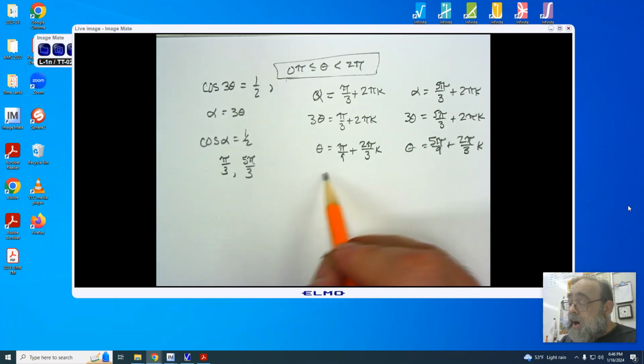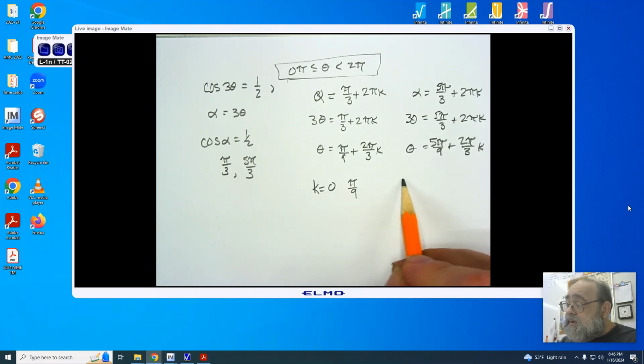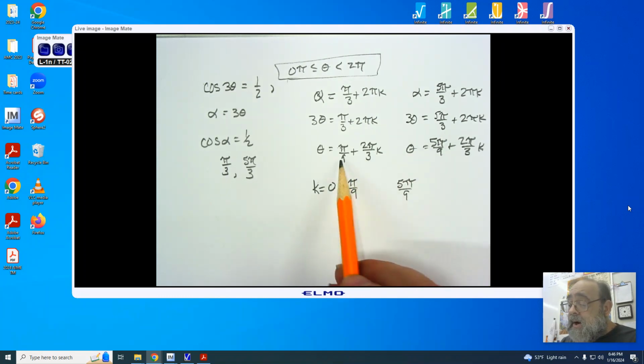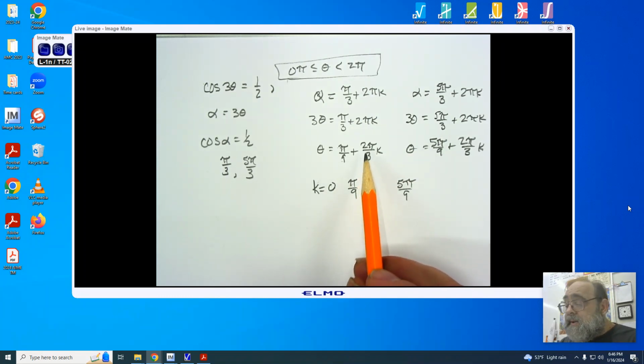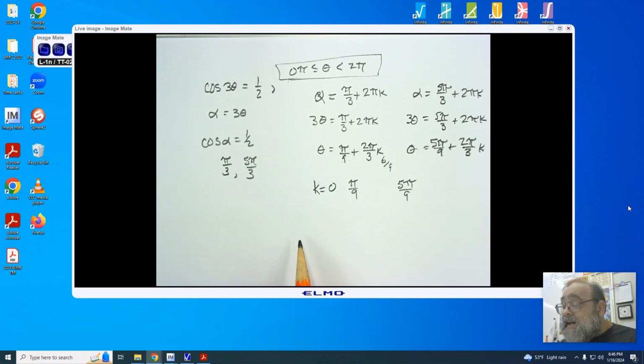So let's go ahead and plug in k equaling 0. My first answer is pi over 9, and my second answer is 5 pi over 9. I'm going to have to make sure that I get a common denominator, and you'll notice that that would be 6 over 9. So I'm going to add 6 over 9 every time my k goes up.